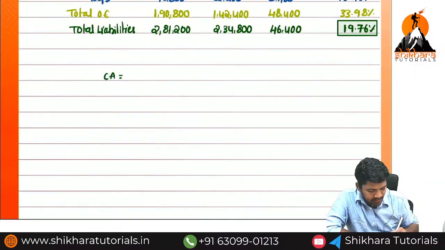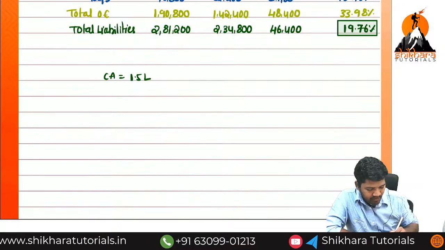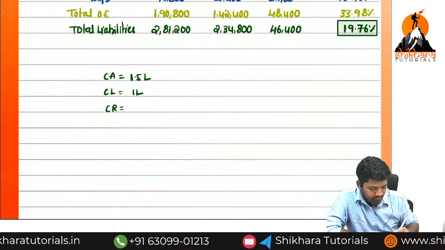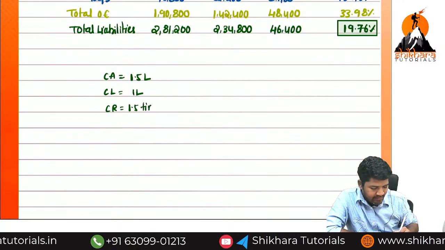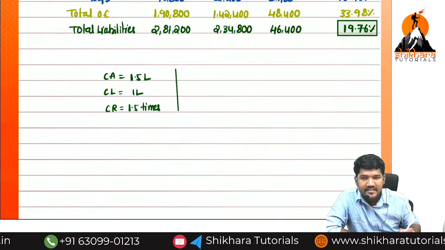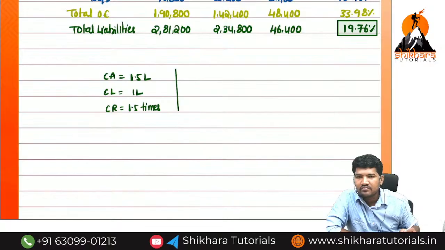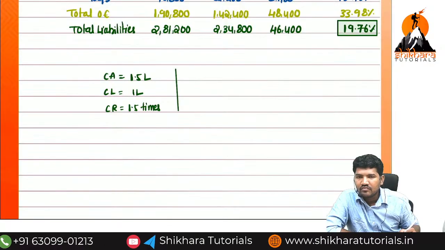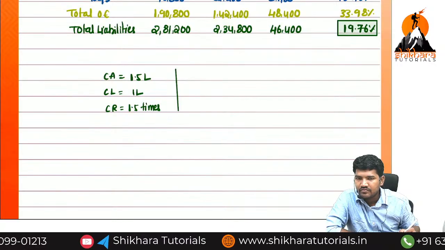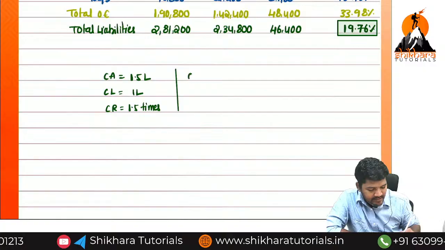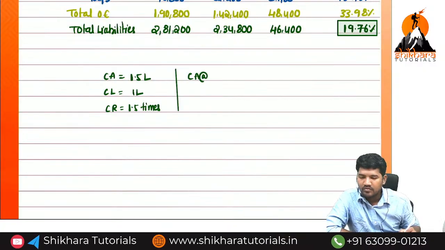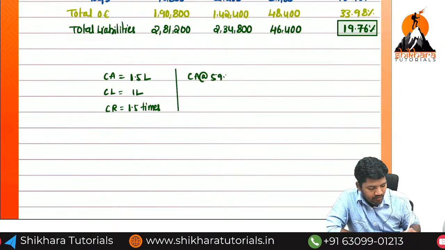Now simple, guys. Current assets 1.5 lakhs. Current liability 1 lakh. Now what is the current ratio? 1.5 times, current assets divided by current liability. Now what happened in the balance sheet? Current assets decreased by how much percentage? 59.4%.